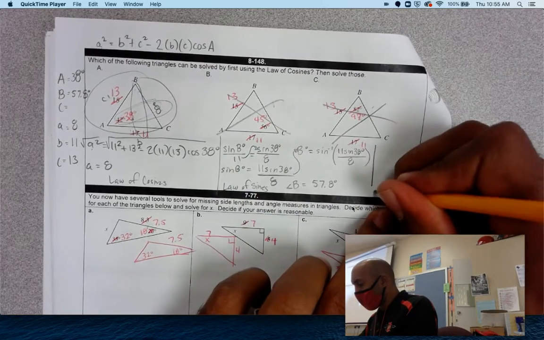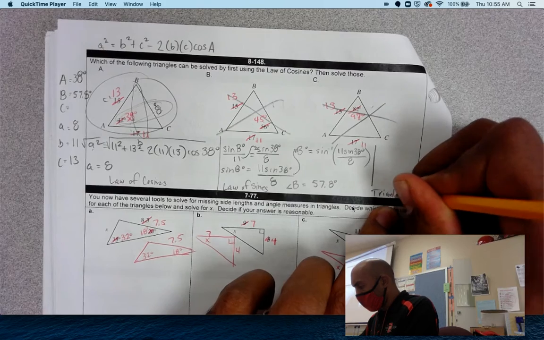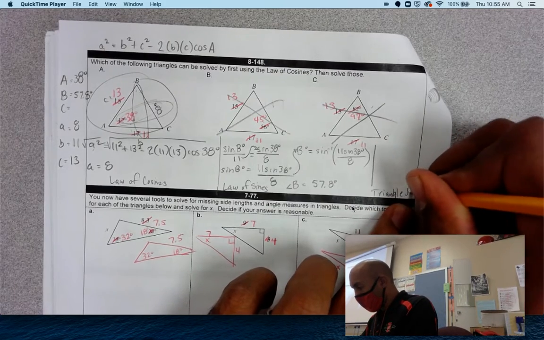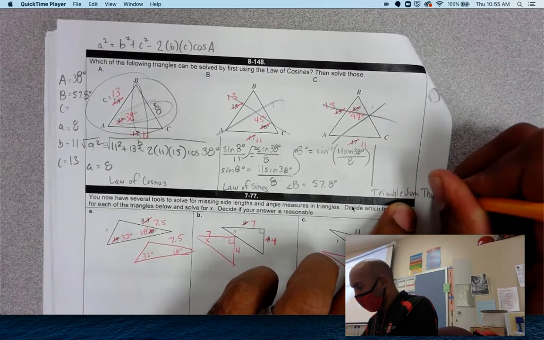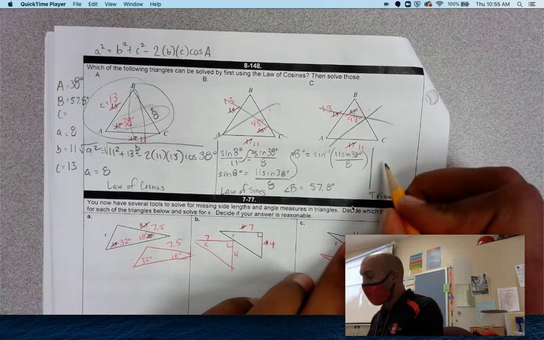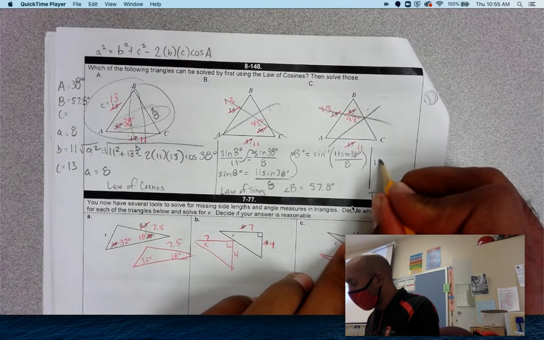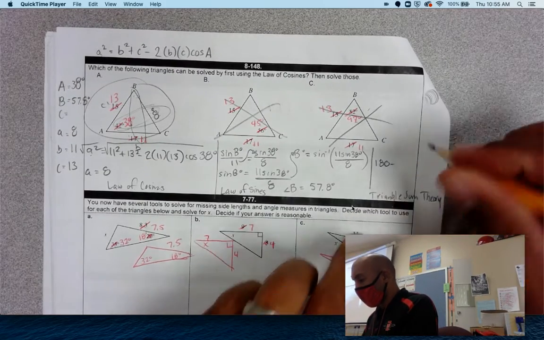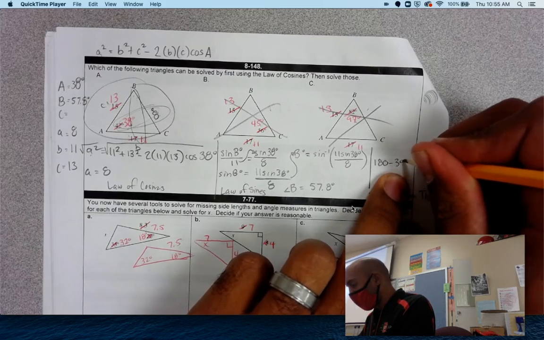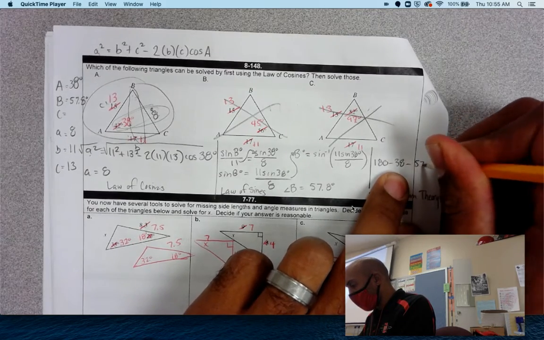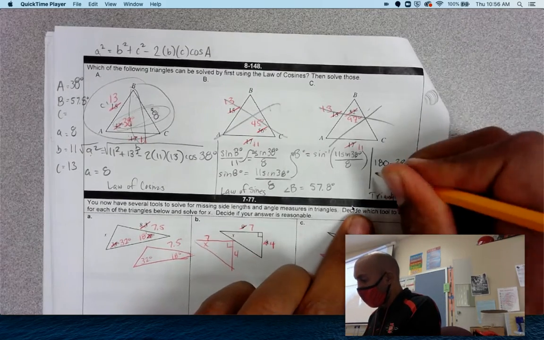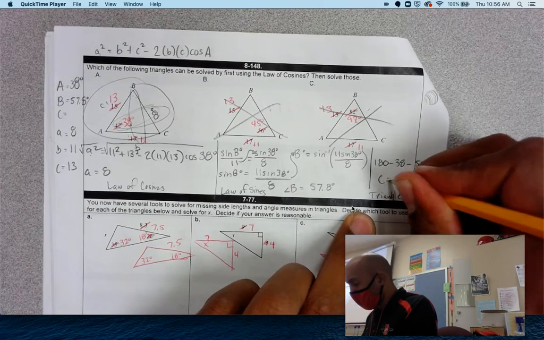Now we're going to use the triangle sum theorem. So I know that they all add up to 180, so I basically will just take away those angles from 180. So 180 minus 38 and then minus 57.8. Well, that will equal angle C.